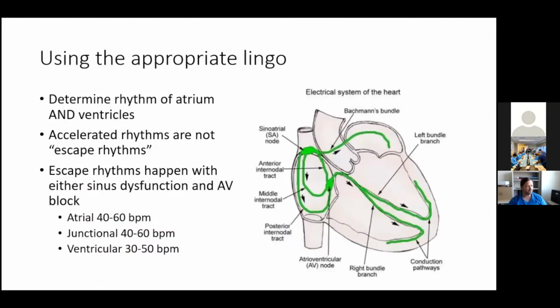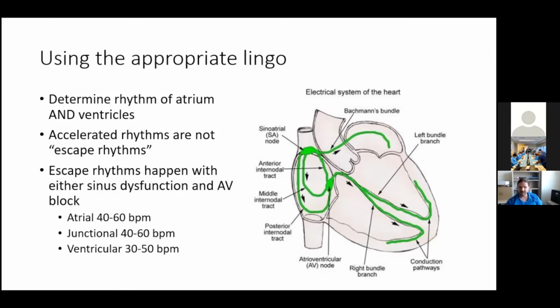Now, it's also important that when we communicate with each other, we're all using the same lingo. In cardiology, when we read the electrocardiogram, we talk about what's happening in both the atrium and the ventricles. Often there is the same rhythm, or there's rhythm conducting from one chamber to the other. But when there's not, we discuss both chambers.